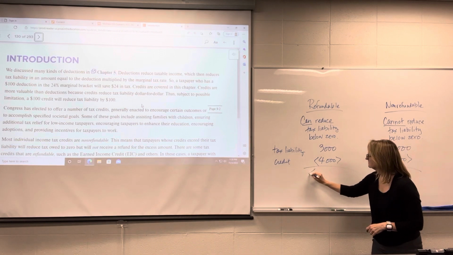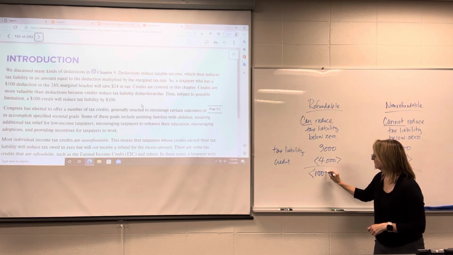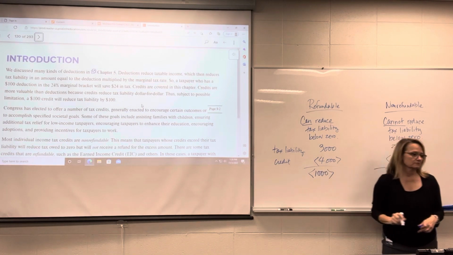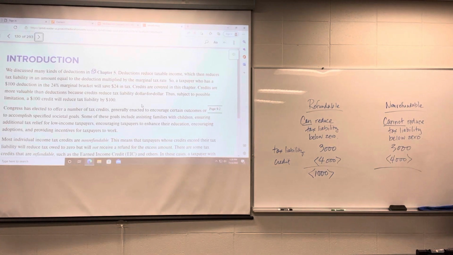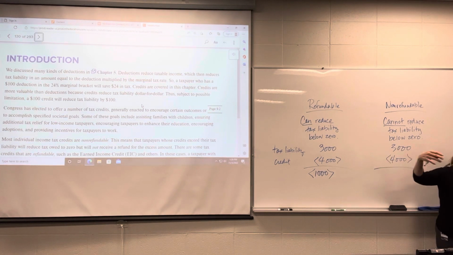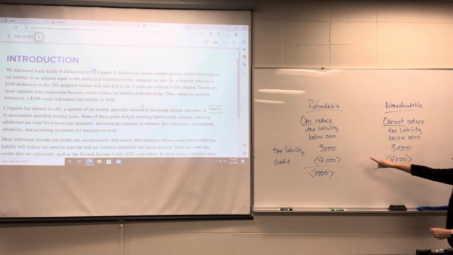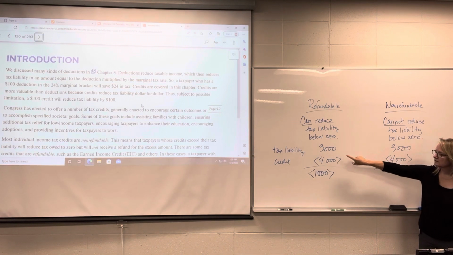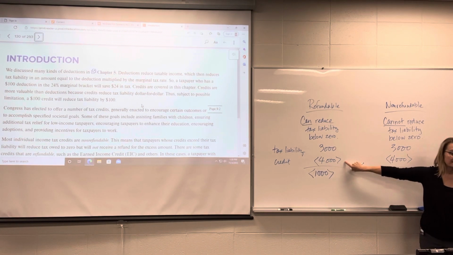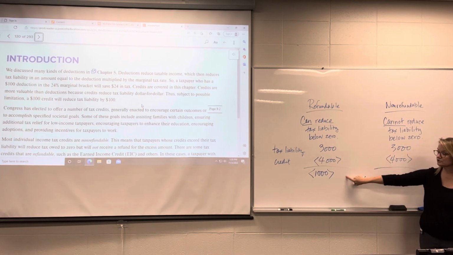In this case, we're going to get this back. Now remember, this has nothing to do with how much we've already paid in. We don't know if there's a refund or tax due or what have you, but you're comparing the tax liability to the amount of the credit. In this case, a larger credit, you're still going to get a benefit.